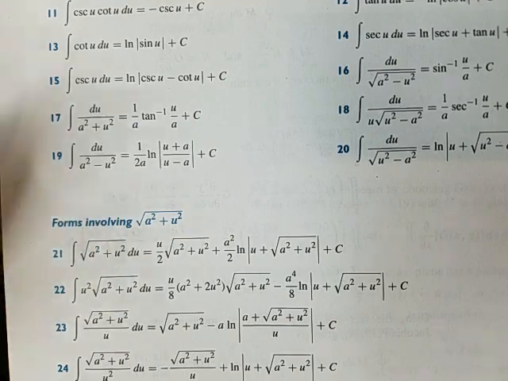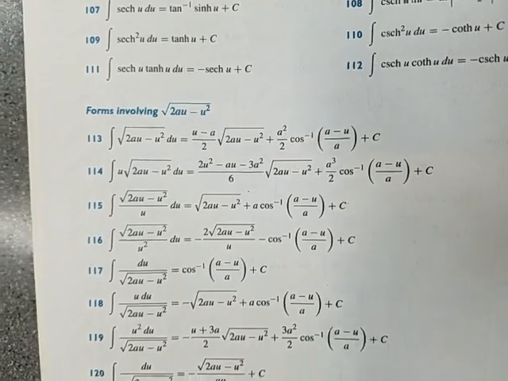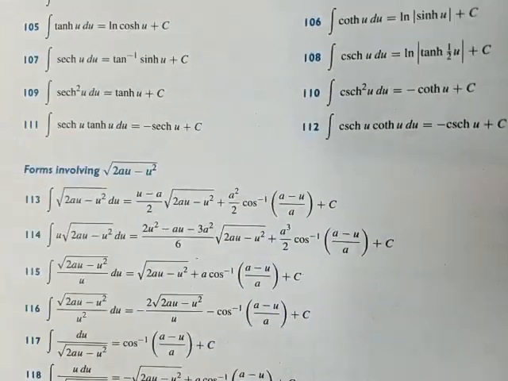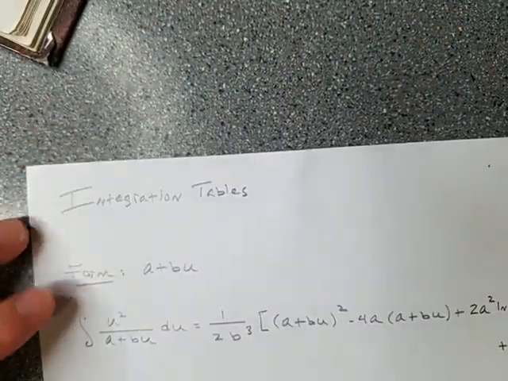Now I could show you this more and more. Let me see, how many different integrals are there? There are 120 total forms of integration on this table. Now, that's what you get in integration tables.